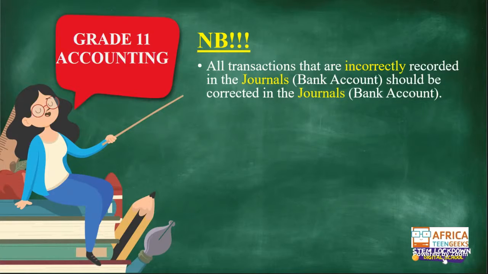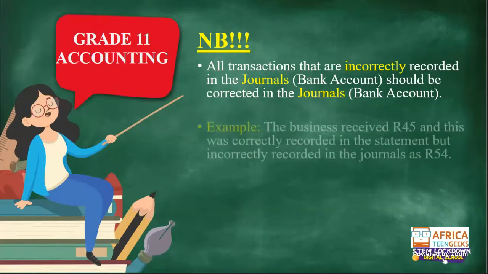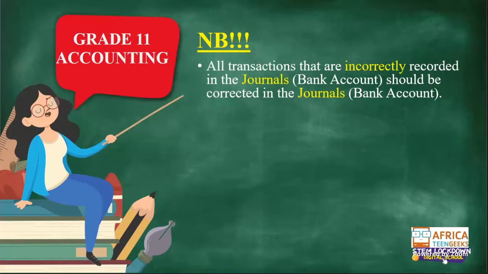So that is to say that if there are incorrect transactions recorded on the journals, they must be corrected in the journals, right? But those that are recorded incorrectly in the bank statement must be corrected in a bank reconciliation statement.